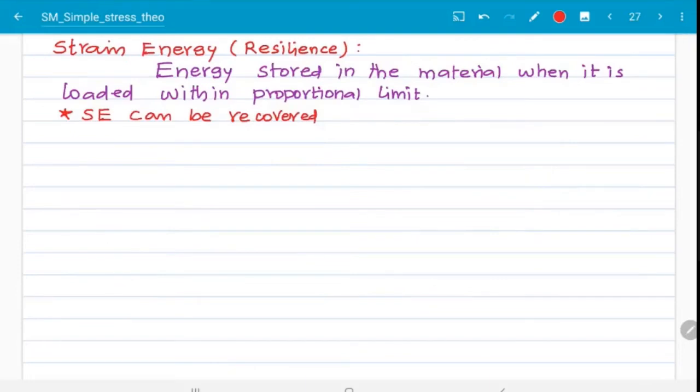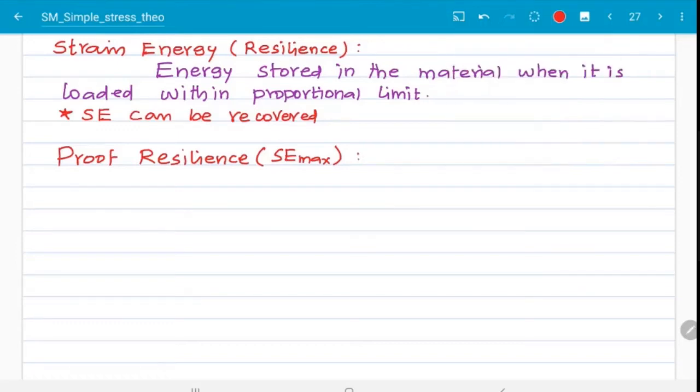Right. That is called as proof resilience. Proof resilience. That is SE max. Maximum strain energy. Right. So what is the definition?